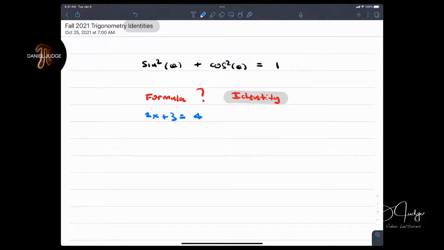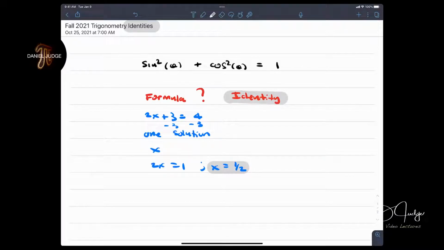This only has one solution. In other words, there's only one x value that can work when you plug it back in. And you say, well, what is that x value? Well, if we solve this, 2x is 1, that x value is 1/2. So there's only one answer that will work.